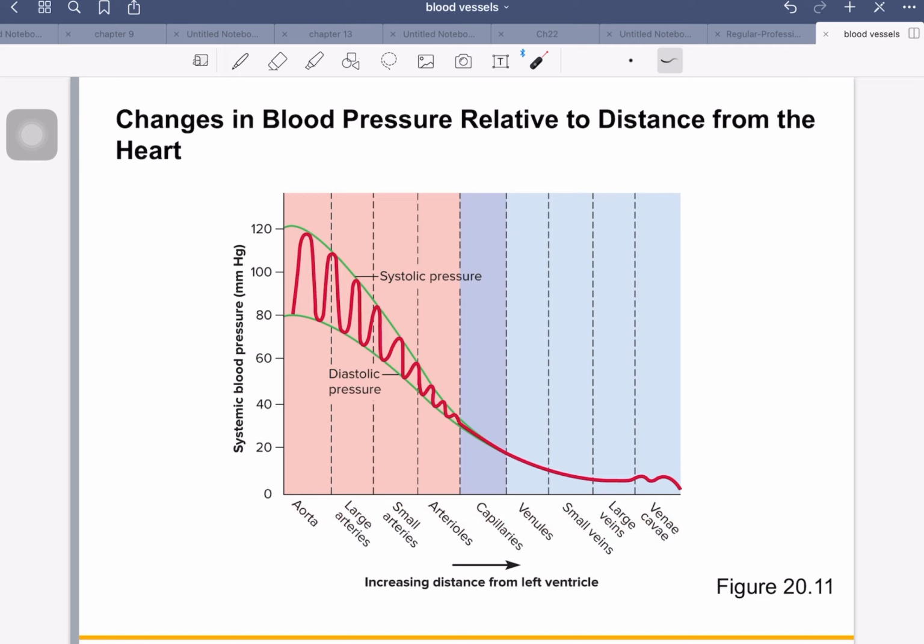One is that the overall average blood pressure, the systolic and diastolic, goes down the further we travel away from the heart. And you can also see that the systolic and diastolic pressures get closer to each other as we move further away from the heart. And in the next video, we'll go over the causes of that.